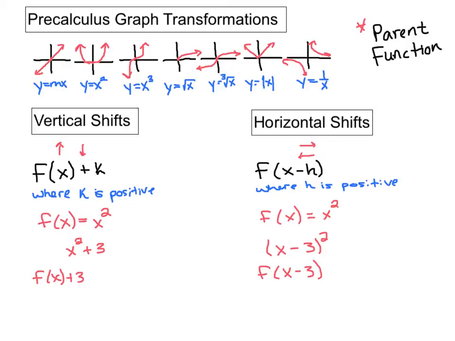Since h is positive, and here we're subtracting a positive 3, this is going to be to the right 3 units. We'll do some more practice with this, but this is the general outline of horizontal and vertical shifts.